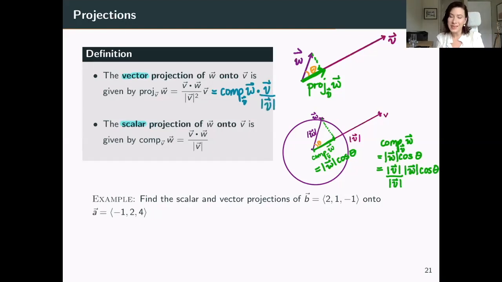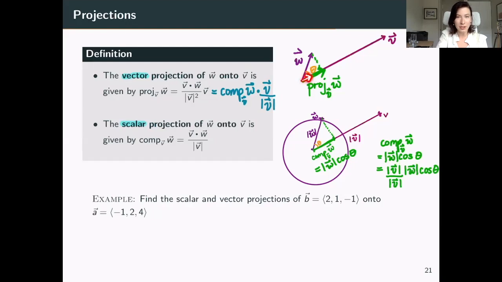Pause the video and think for a second about what this expression actually represents. You may notice that this expression is one that we have seen before. This expression is the unit vector u that is in the same direction as our vector V. So we could have that little unit vector that has a magnitude of 1. But in order to have the vector projection of W onto V, we need to have a different magnitude, not necessarily a magnitude of 1.